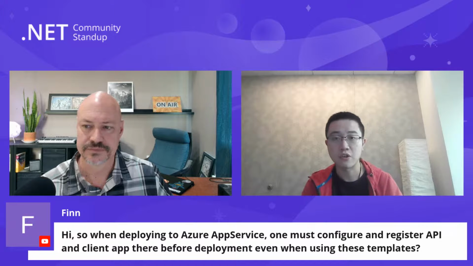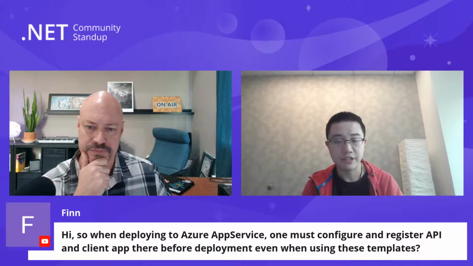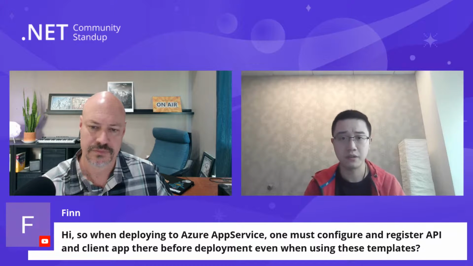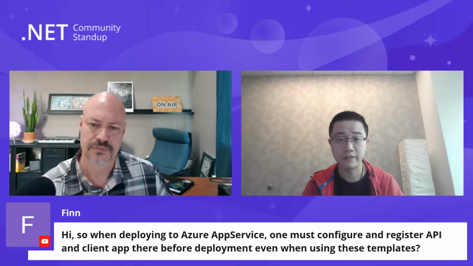As the tutorial says, you have to configure and register those before deployment, even when using those templates. But we are thinking about making it easier for you. We did have a couple of templates with Azure before, with some Azure configuration.